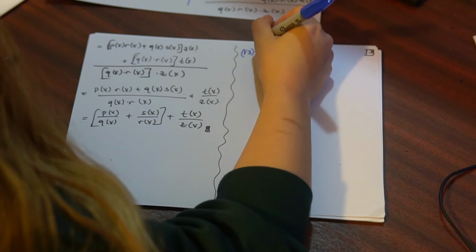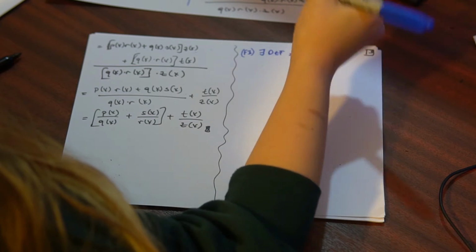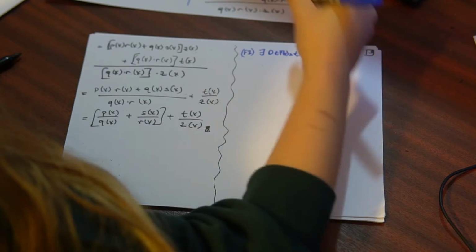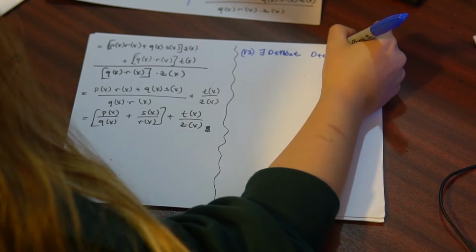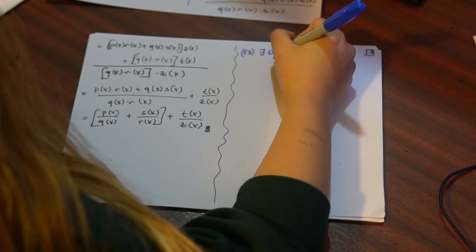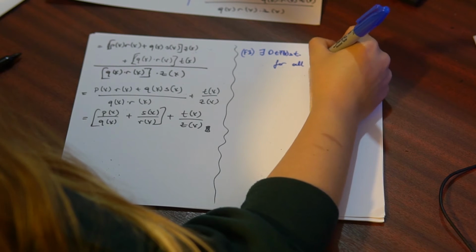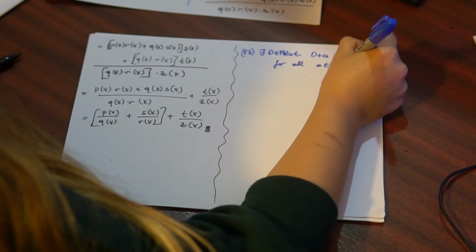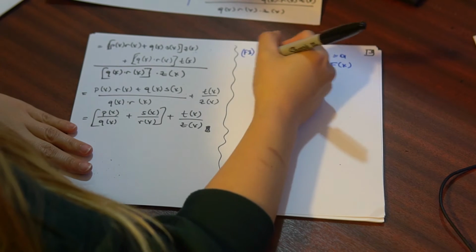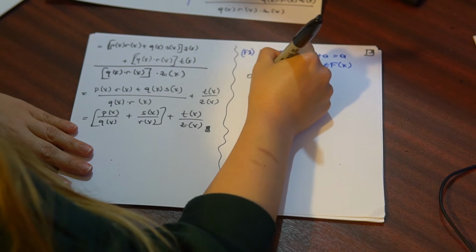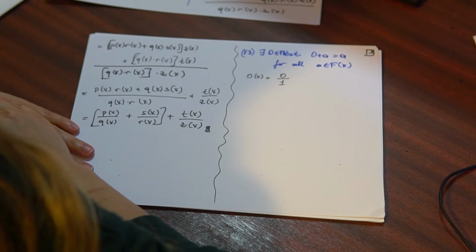So there exists 0 in F(x), such that 0 plus a is equal to a for all a in F(x). Now let's define 0 of x as 0 over 1, right?